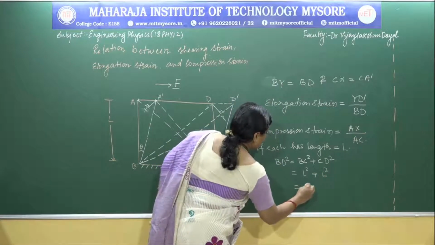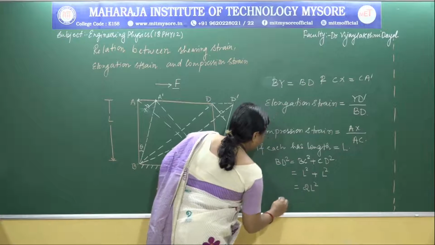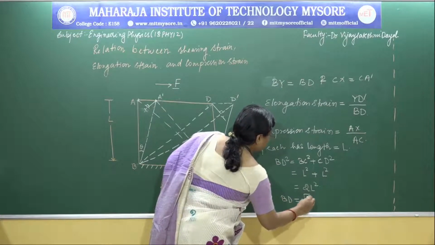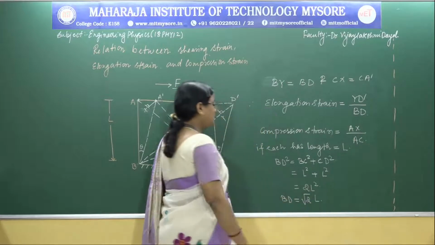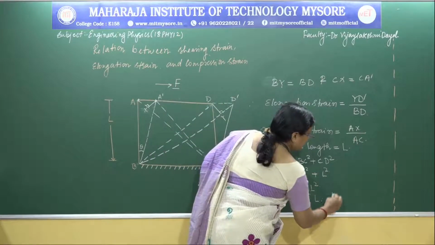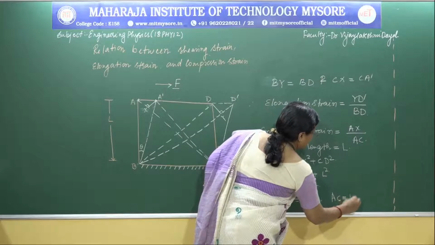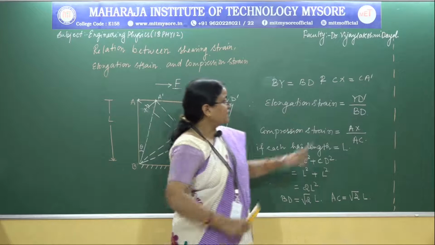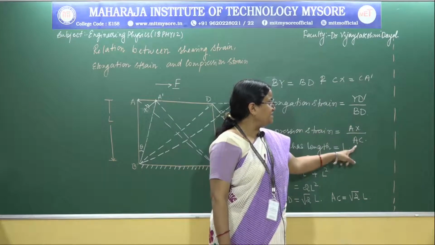So, this is equal to 2L square, therefore BD will be equal to root of 2L. Similarly, AC we can write as root of 2L. So, we could find the value of BD and AC.